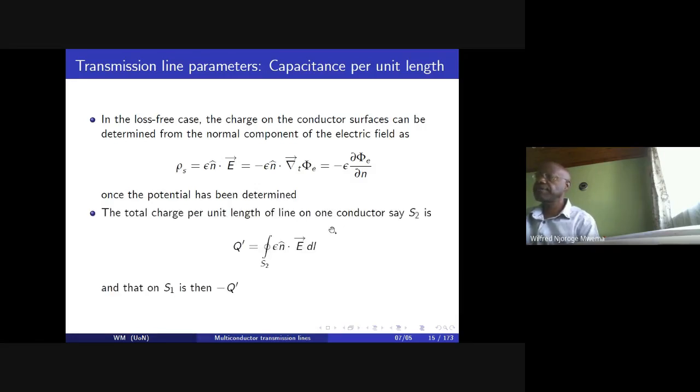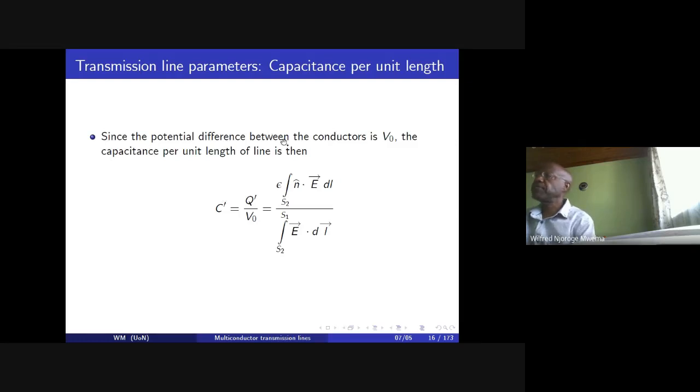So the total charge per unit length of the line on one conductor, say conductor S2, is given by Q prime equal to the closed integral over the surface of that conductor, which is just epsilon n cap dot E dl. On S1 it is going to be negative because of the voltage that we have at the bottom.